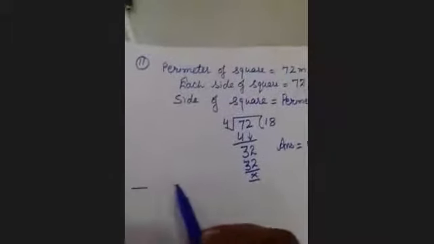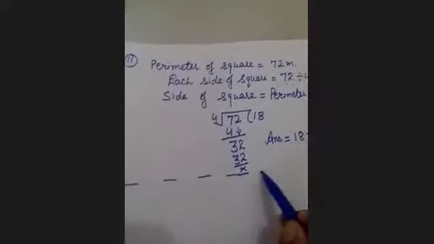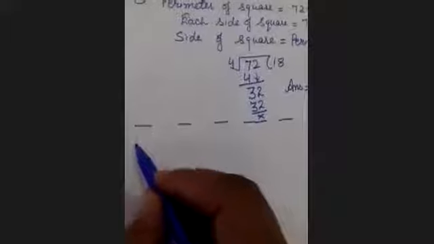Now students, question number 12. In 12th question, the perimeter of rectangular field is 164 meter. If its length is 50, then find the width of this rectangular field.